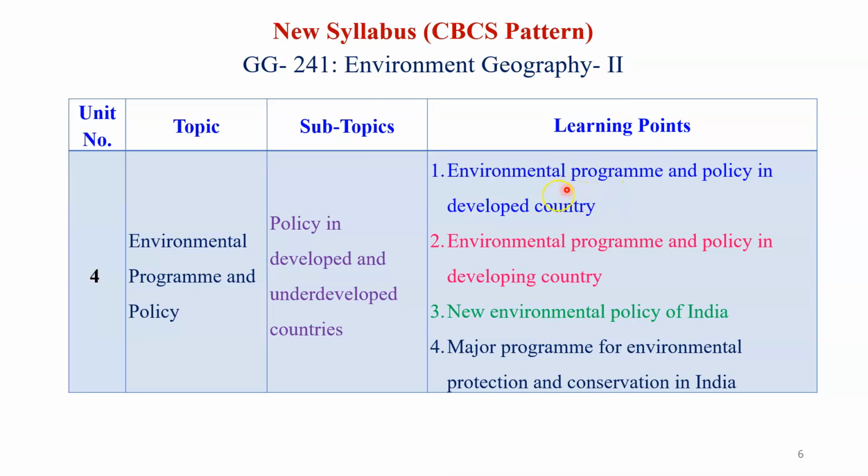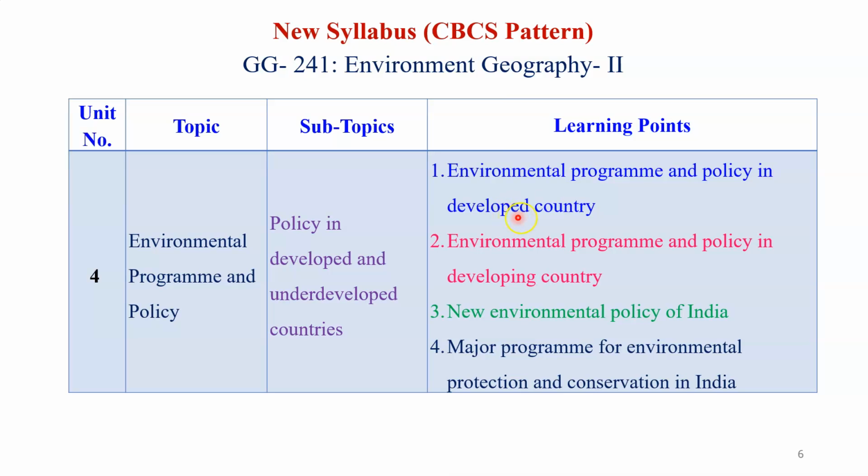In this topic we have 4 major learning points. The first learning point is environmental program and policy in developed countries. In the first learning point, we are going to discuss the policies made by the various agencies and governments of the developed countries.